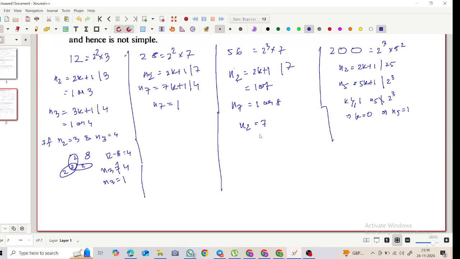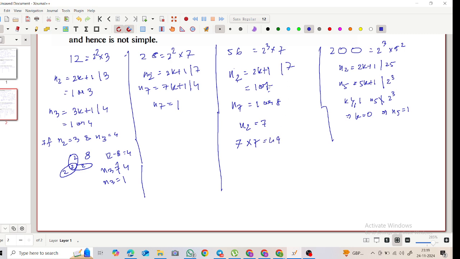then how many elements are there? See, non-identity elements in a group of order 8 are 7, right? So you get 7 into 7, since N2 is 7, that is 49.